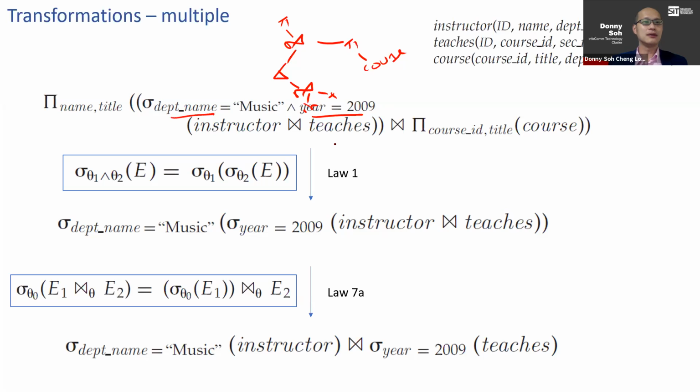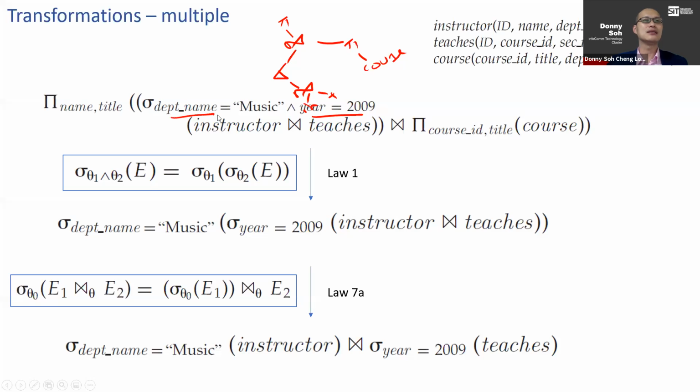Okay, so in this case, what they did is they did it step by step. From this you can break up this conjunctive operation into department name and year first to form this expression. Can you see how we got this part?